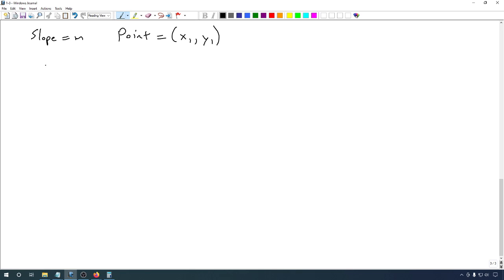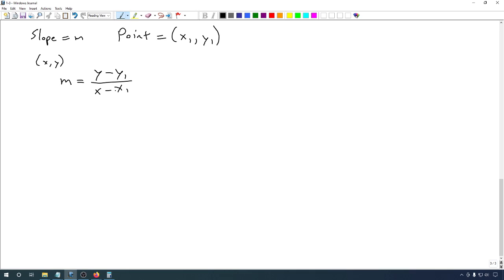Recall that if any other point (x, y) is on this line, then this point along with the point that we're given have to give us this same slope. That means that our slope formula, m, is equal to a difference in y, sorry, y is on top, so y minus y1, divided by a difference in x's, x minus x1.